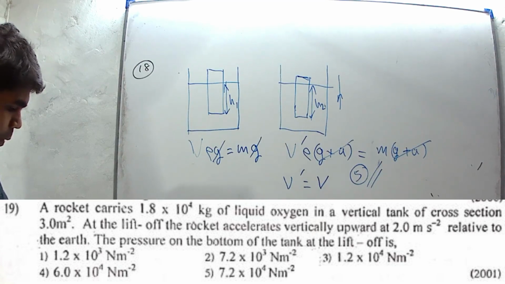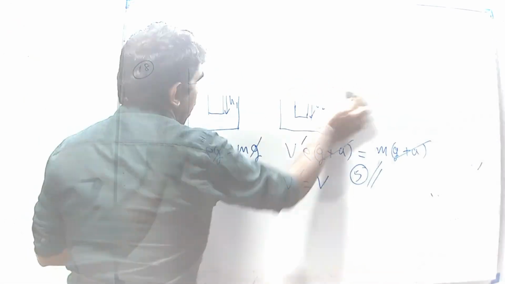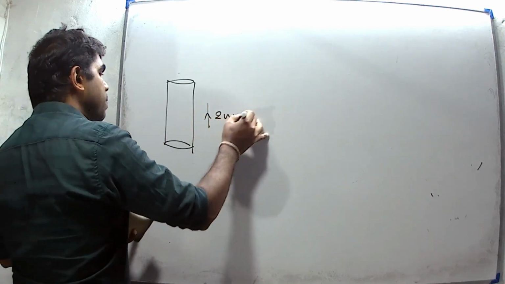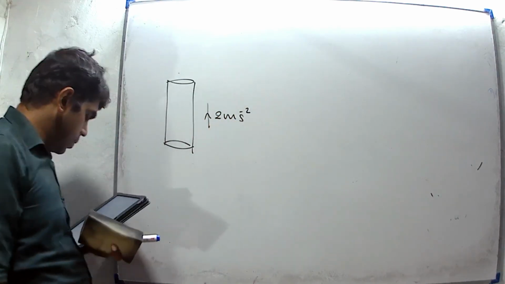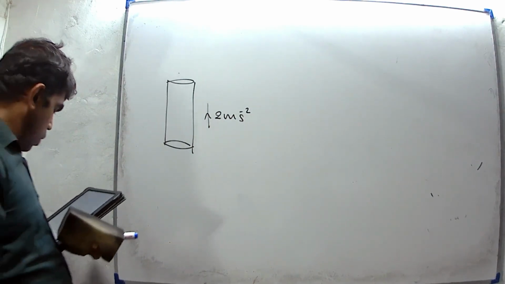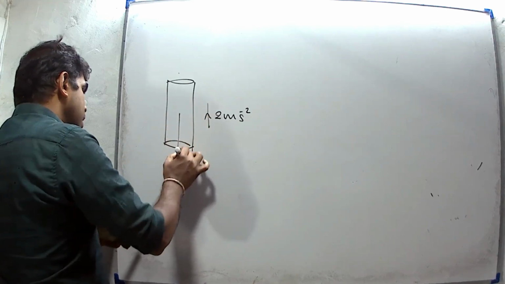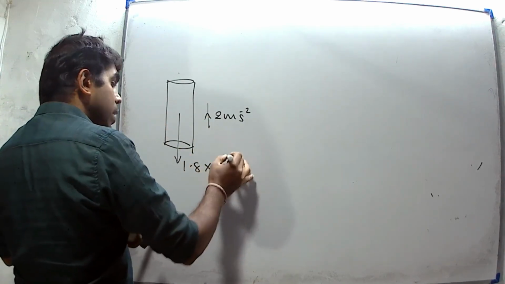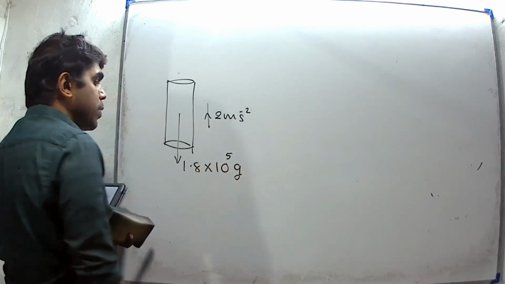The pressure on the bottom of the tank at the lift off is. Now I will draw the oxygen tank. Vertical acceleration 2 meters per square second. Oxygen mass is given as 1.8 into 10 to the power 4 kilograms and weight 1.8 into 10 to the power 5 newton.